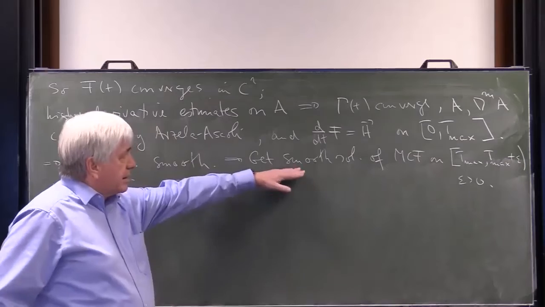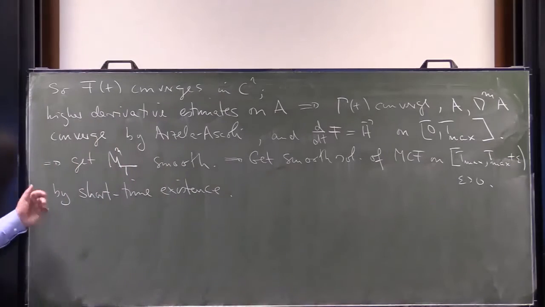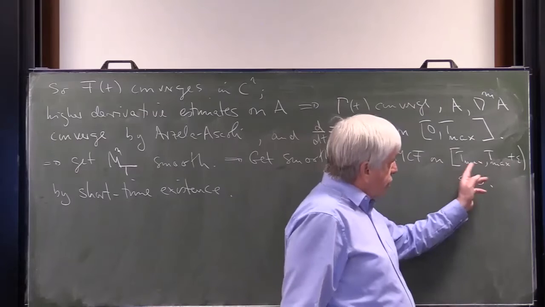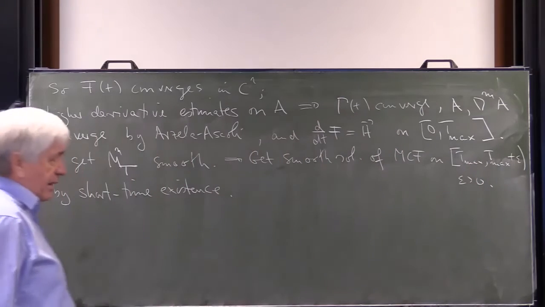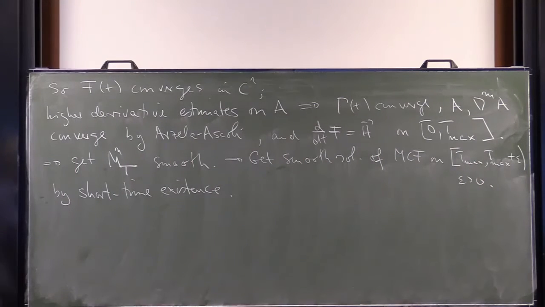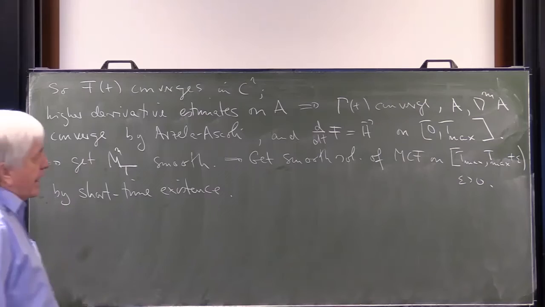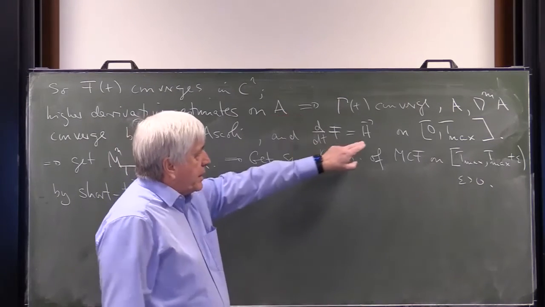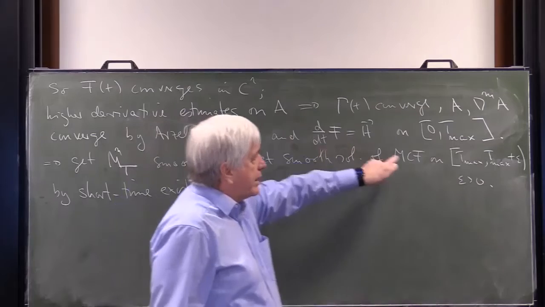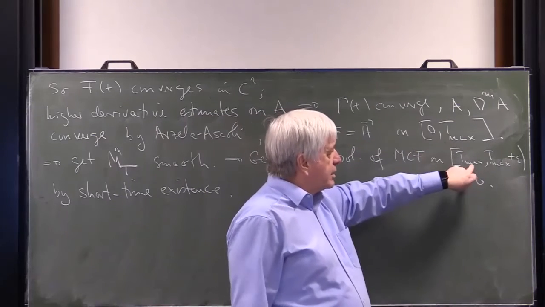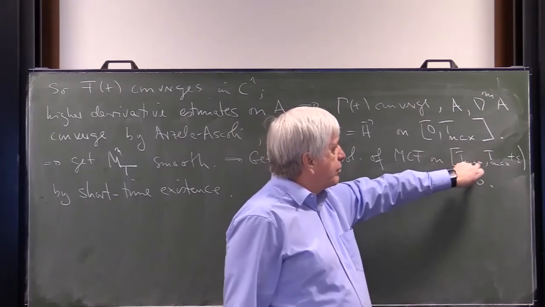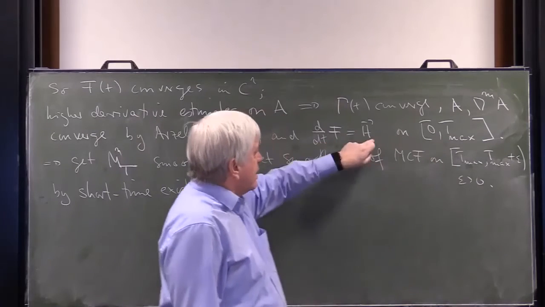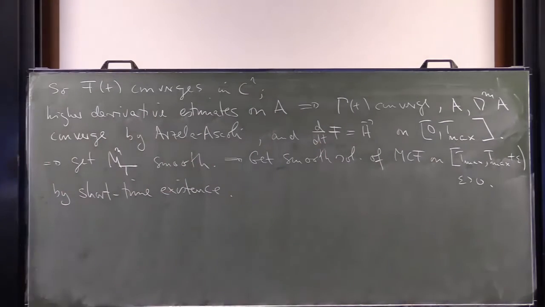So there is the short time existence result, which we now use to get a solution on this short time interval starting at T max. But now this solution has to fit together with the previous solution because the mean curvature vector fits together at T max, because we get a smooth solution starting from T max, and we have a smooth solution ending in T max, where the mean curvature vector agrees with the speed.